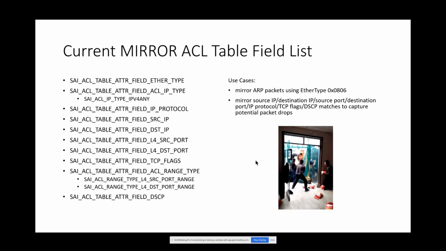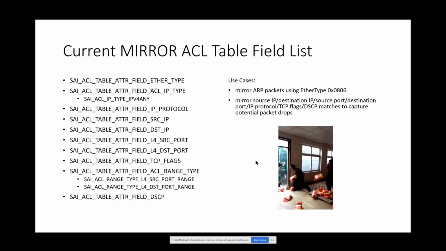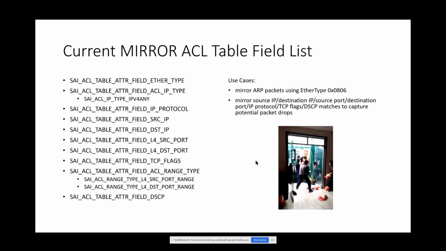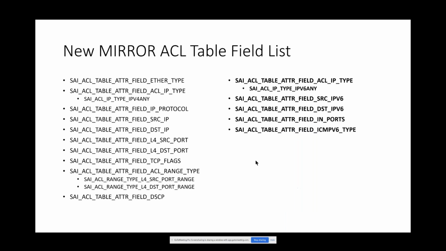This is the current echo table field list, so that's all the attributes we currently support. And this is the new echo table field list that we want to add. On the right side, we notice that three of them are IPv6 related.